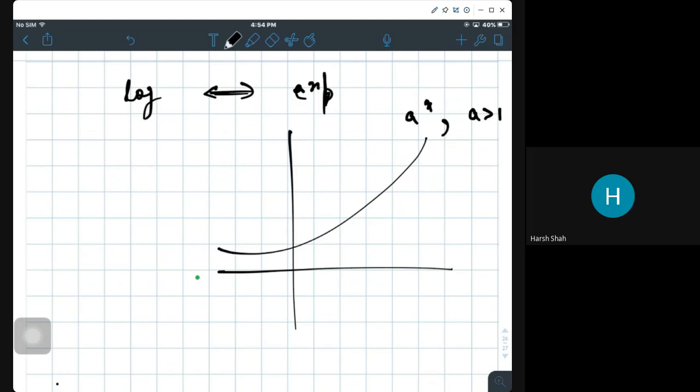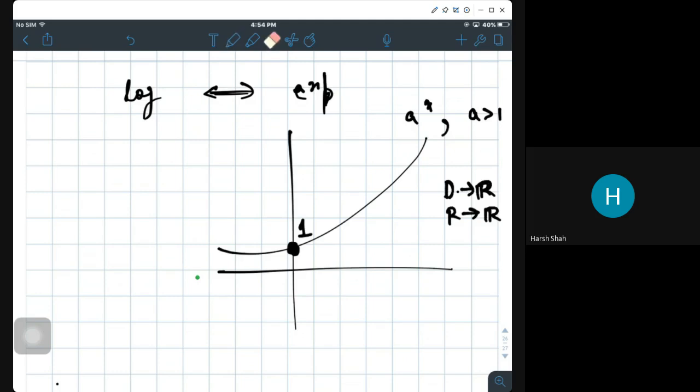Right? This point, the value of this point is always 1. The domain of this function is real numbers. And the range of this function is 1 to infinity.